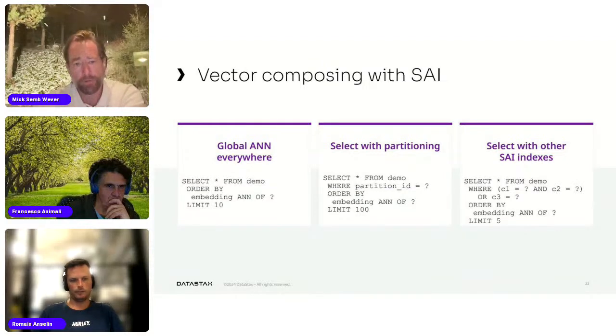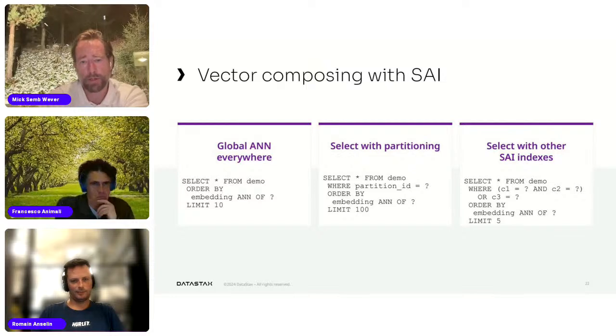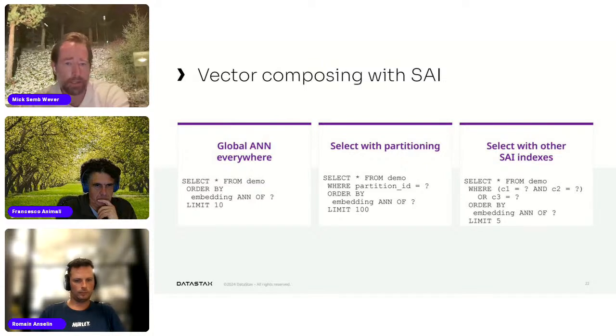On top of that, we have the vector search. The vector search has been implemented on top of the SAI indexes in Cassandra and allows you to do vector search through the order by clause. And you can do global vector search in a table. You can do it within a partition, and you can also do hybrid against other indexes.